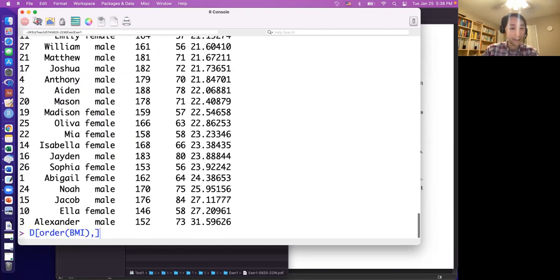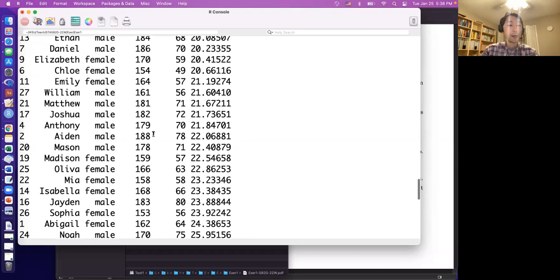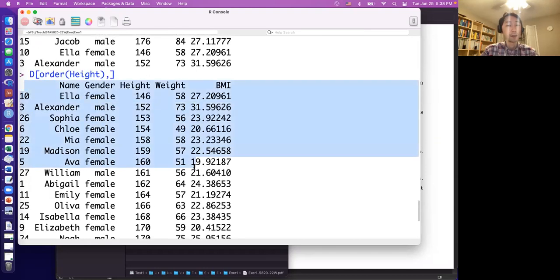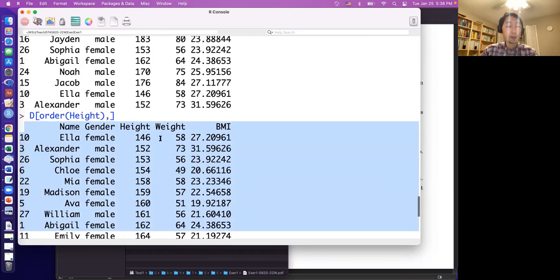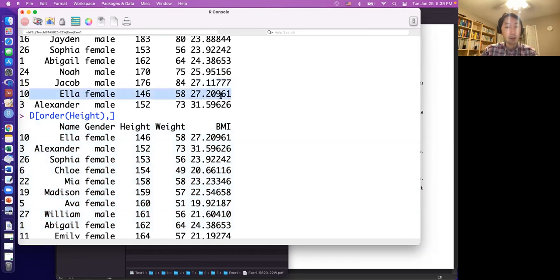Sorry, D order height, then you can see that this is increasing order in height. So you can see that, for example, her height is 146 and the weight is 45, BMI 27.2. So basically the data set is ordered by height.